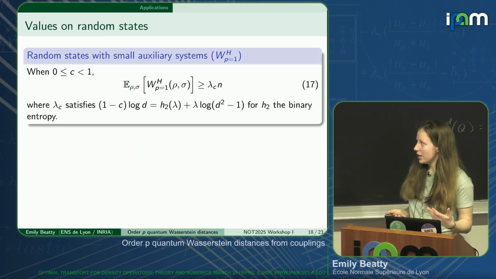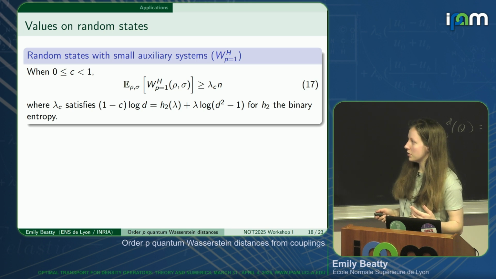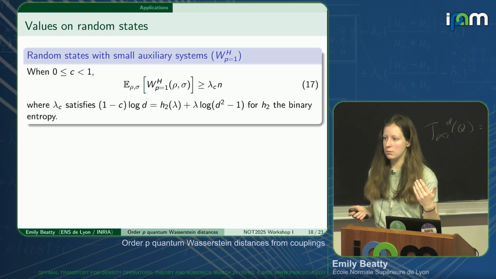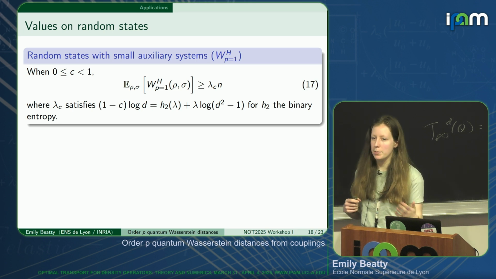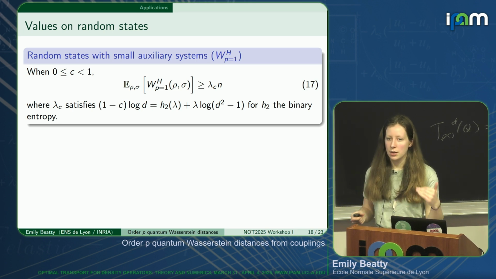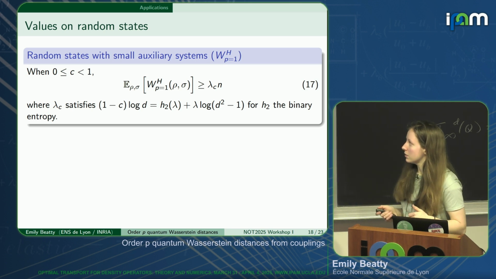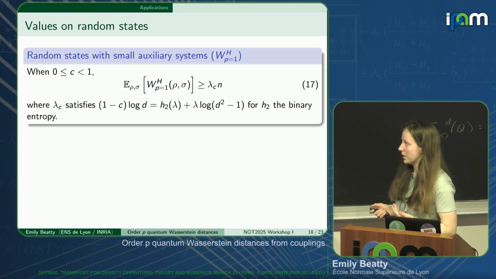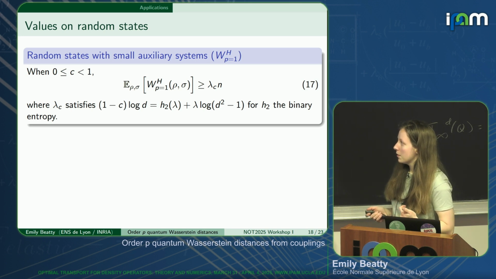And what happens on the other side when you take this qubit ratio to be less than 1? It's a little bit harder. You can't really talk in as much generality anymore because it's very dependent on the underlying distance you choose. But in the specific interesting cases that we looked at, both the Hamming distance and the complexity geometry, the expected value of the distance between these random states is generally growing linearly for the Hamming distance.